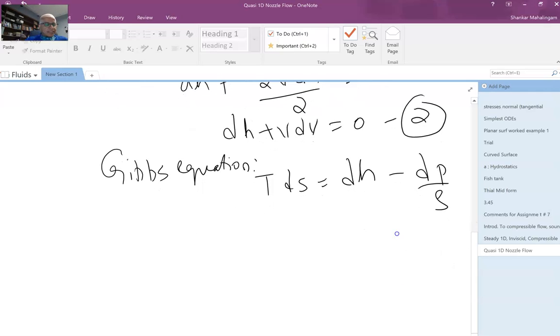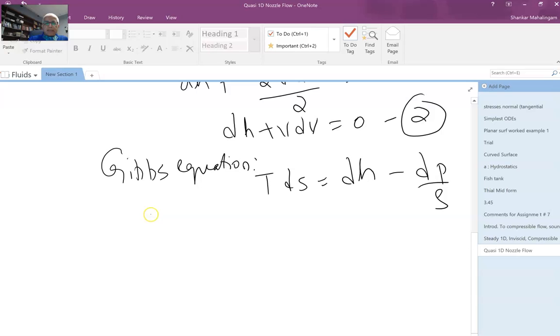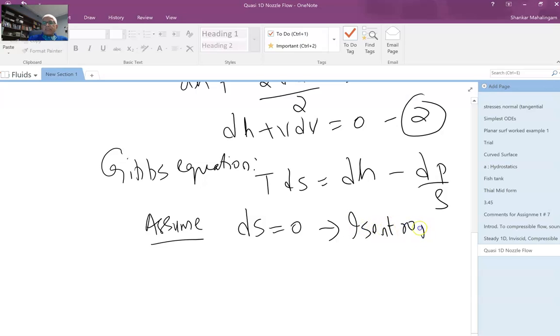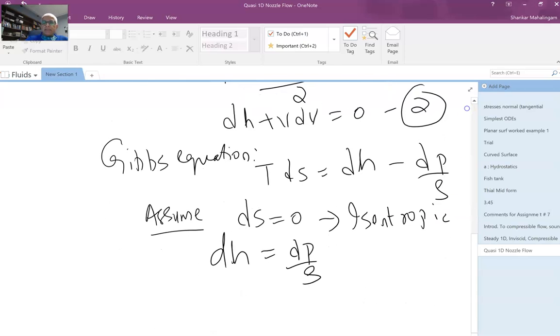Now, if you add an additional assumption that the flow is isentropic, that means dS equals 0, so there's no change in entropy. Once we invoke that assumption, the Gibbs equation tells me dH will be equal to dP divided by rho. Let's label this as equation 3.